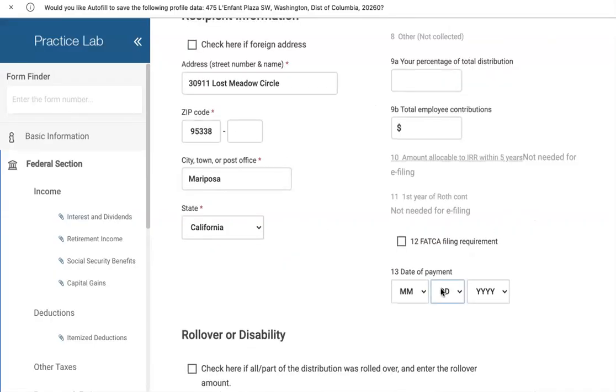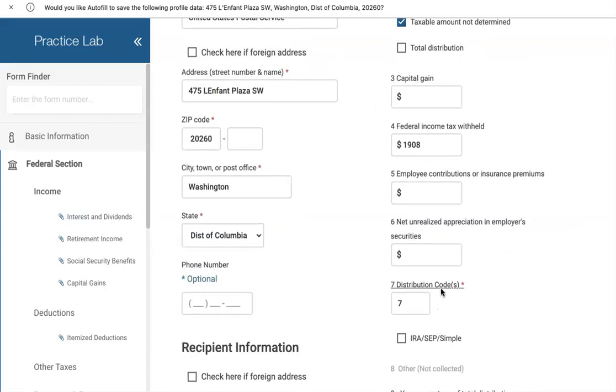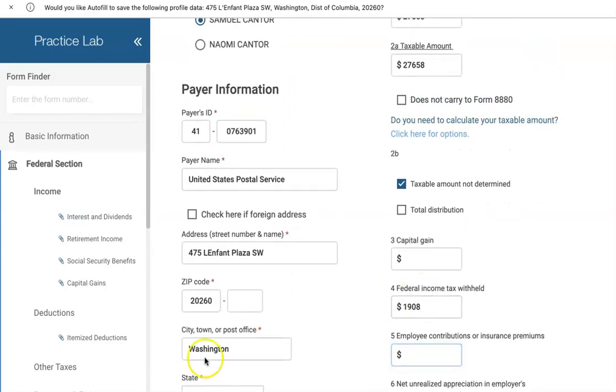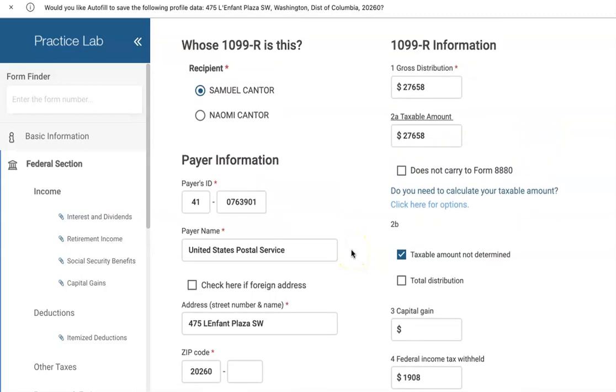So box 2A. Let's go up to box 2A here, and before we actually start the calculations, a little bit of background. The reason the taxable amount is not equal to the gross distribution is because Mr. Cantor contributed after-tax dollars to his pension.